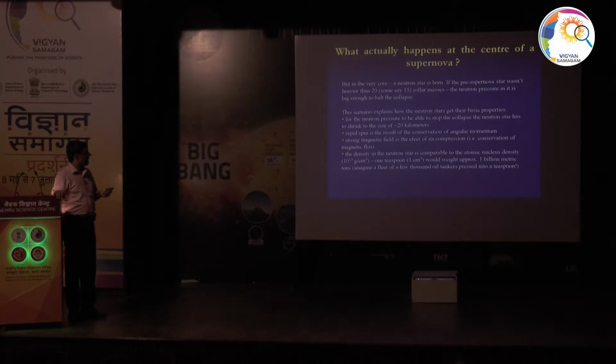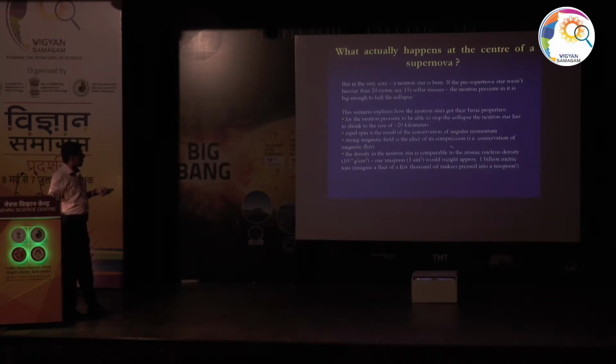Okay, and this basically requires the original star to have a certain amount of mass, which is of the order of 8 to 10 times the sun's mass. So a star which is at least 8 to 10 times heavier than the sun. If it is much heavier, then it will become a black hole, as we were talking.